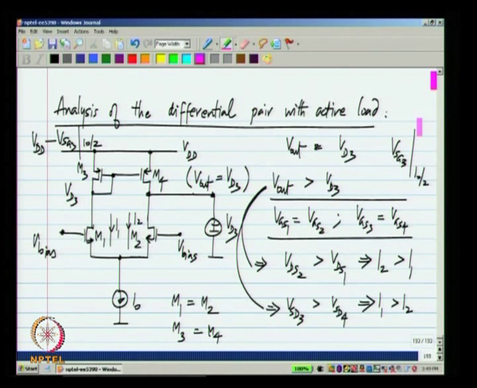If I connect a voltage source of that value to the output, nothing changes in the circuit, and the current here will be 0, because the current balance is between M2 and M4 and M1 and M3, and nothing flows into the source. But the output is now incrementally short circuited, and we will exploit this fact to do further analysis of our differential pair.